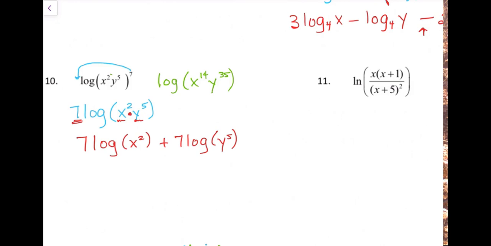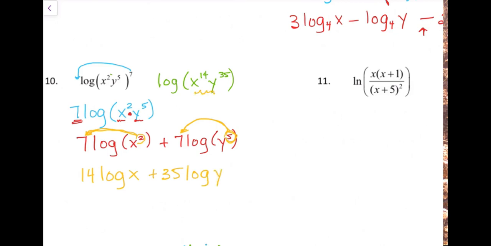And now I'm going to take the powers that are still on my argument, move them out in front, and multiply by what's already there. So that's going to give me, when I pull the 2 out and multiply by 7, 14 times the log of x. And here, 5 times 7 would give me 35 times the log of y.